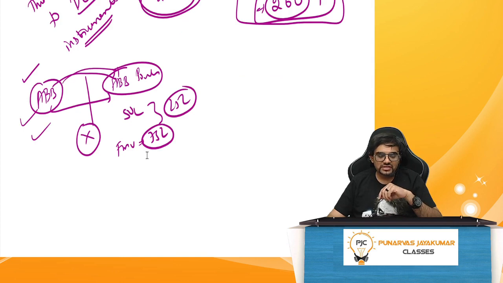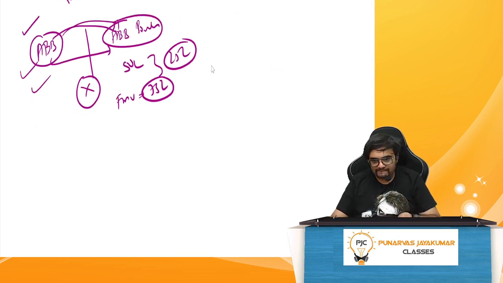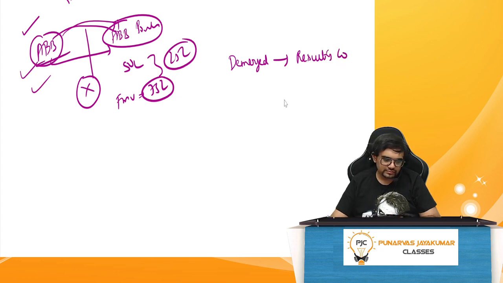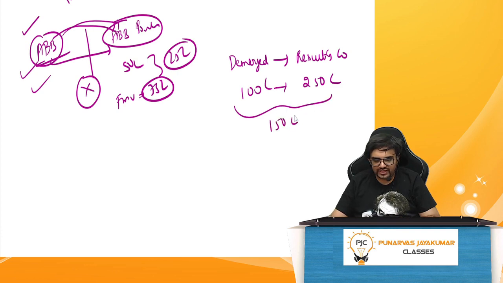On the other hand, it was a reverse case. So the company which is getting demerged is called demerged company, that is ABB. ABB Power will be called the resulting company. So the book value is, let's say, 100 and the resulting company is, let's say, 250 lakhs. This 150 lakhs is the gain.